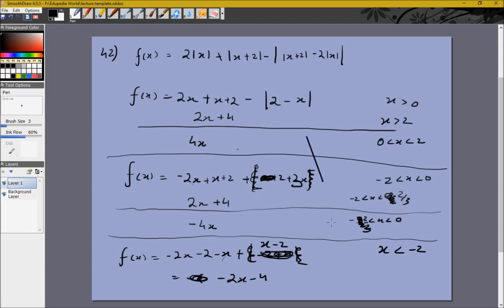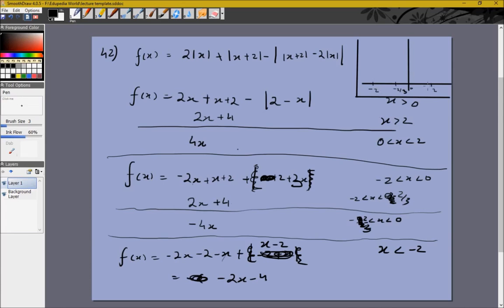So now we can just draw the graph. I'll draw the graph here. So this is 0, this is 2, minus 2 by 3, this is minus 2.